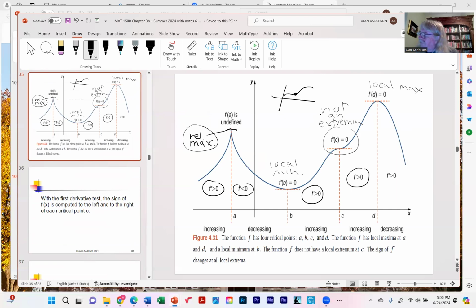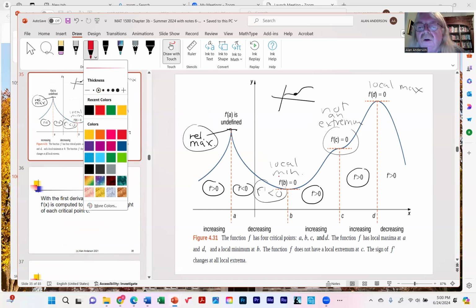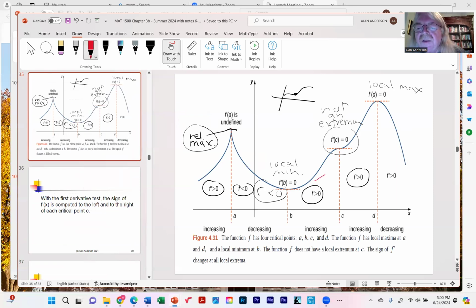Now, the diagram left out this part here, I see. But here's what I really want you to notice, because it's the only case where we do not have an extremum. Now you see, this is sort of a hint.